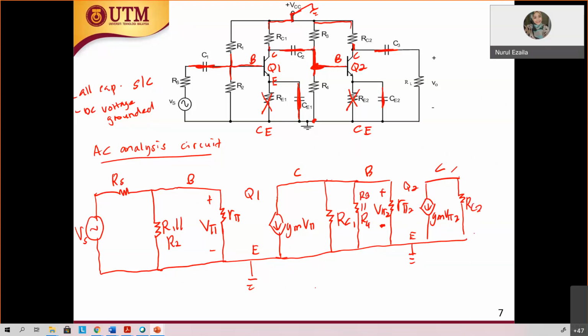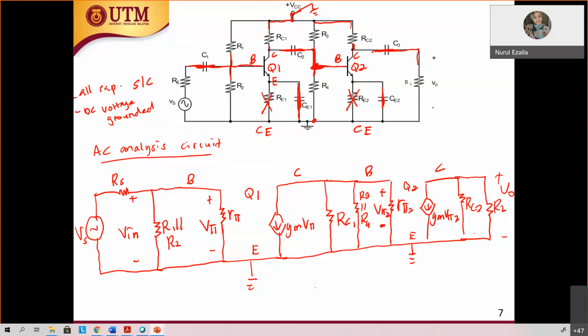What else do you have at the collector? Other than RC2, you also have RL, plus minus V out. This is your V in, and that is your V out.